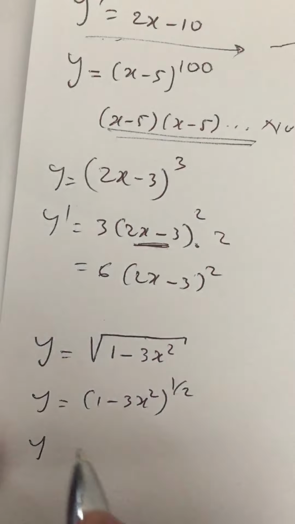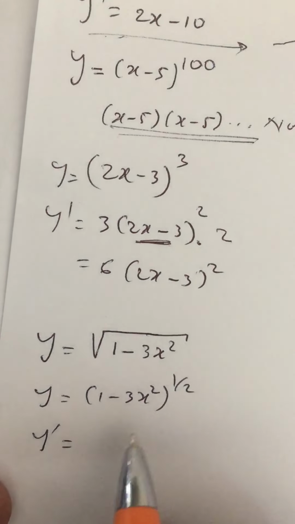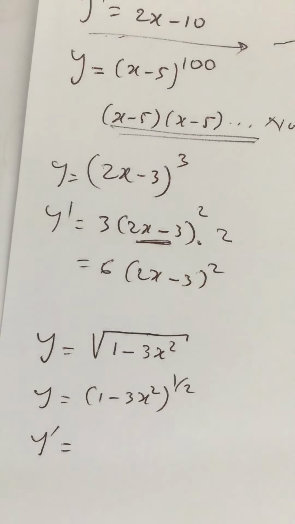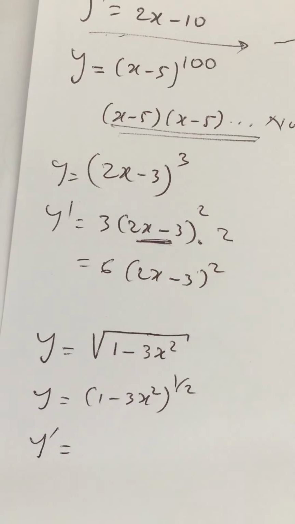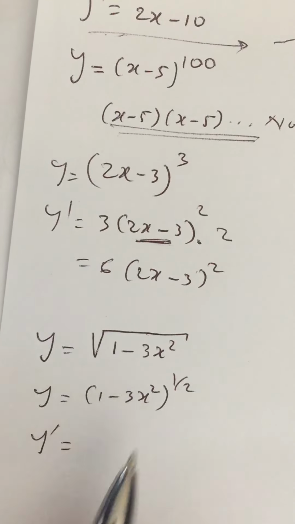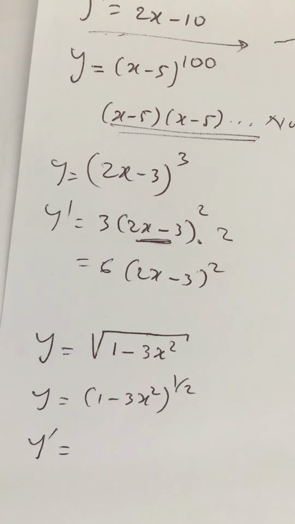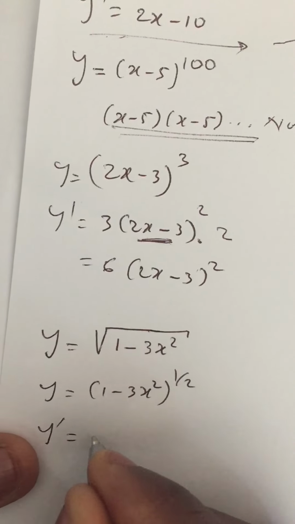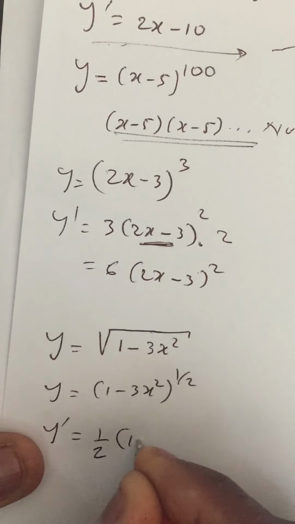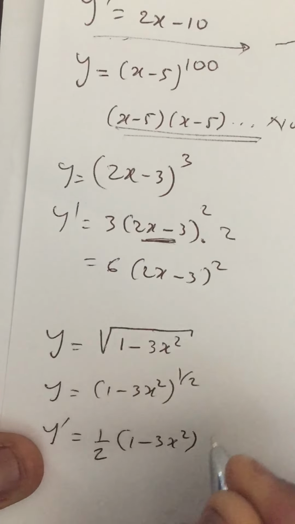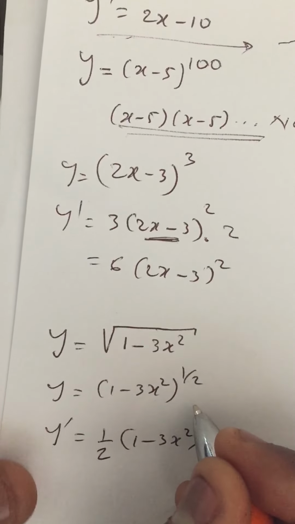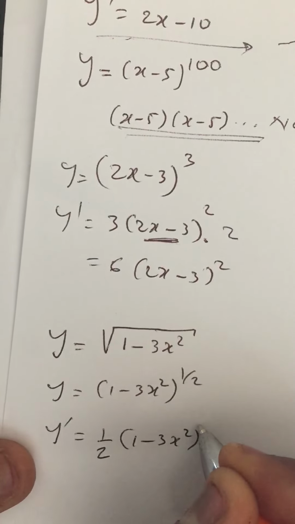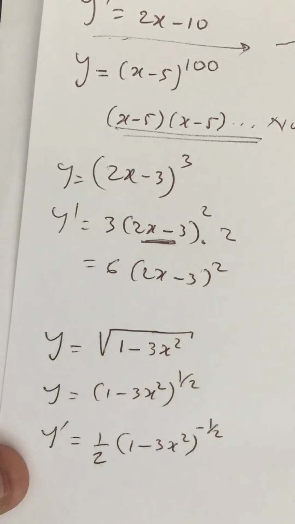When I start differentiating is when I put the prime. So y prime is the same as dy over dx, because my function is in x. If it was t, it would be dy over dt. So this one will be 1 over 2, and then my function to the power half minus 1, which gives you minus half.